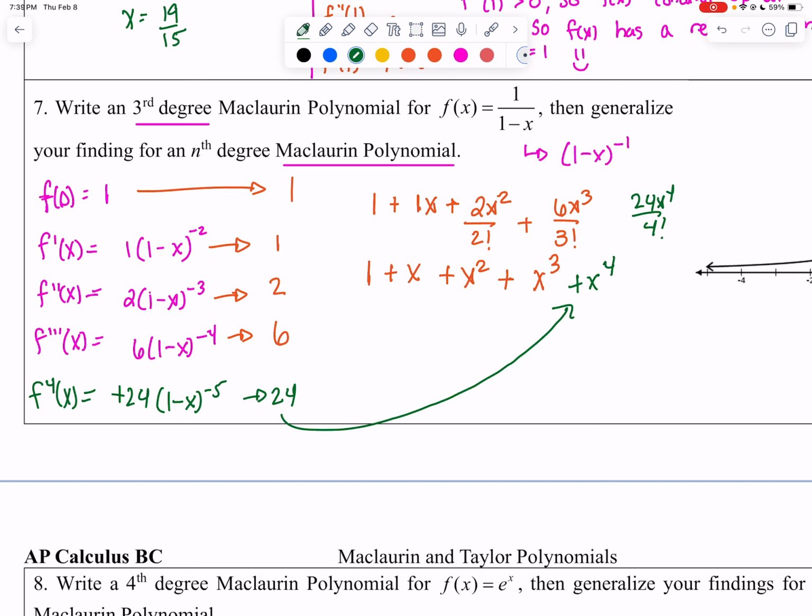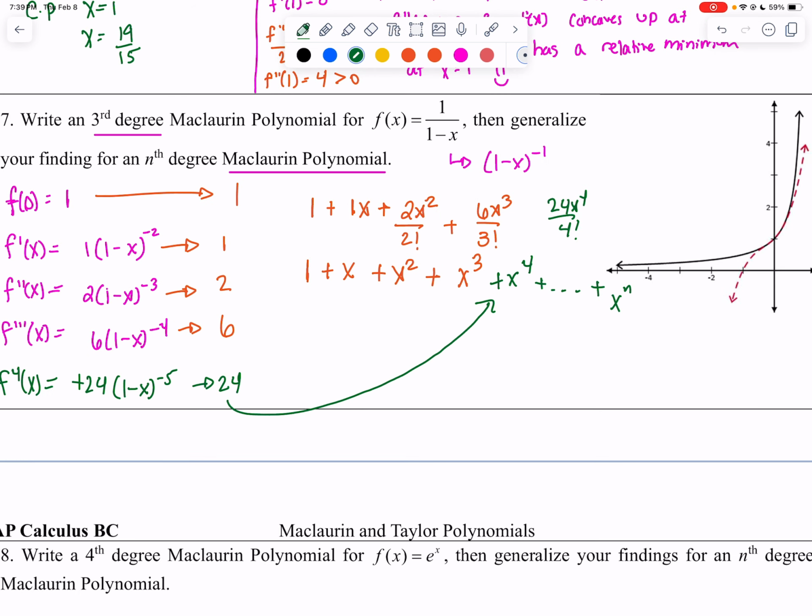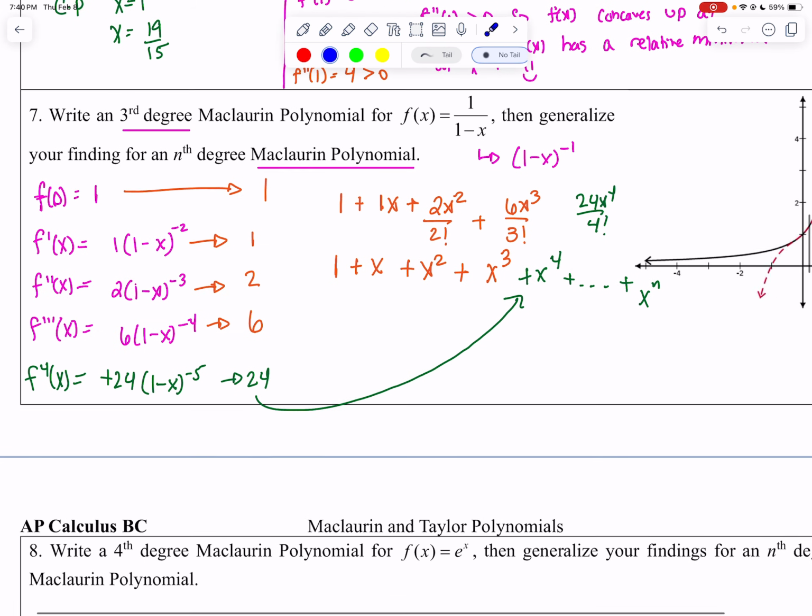If I'm going to generalize this, I have 1 plus x plus x squared plus x to the 3 plus x to the 4, plus x to the n. Interesting, right? I know. Magic. So this Maclaurin polynomial of 1 over 1 minus x, make sure that you memorize that's going to be the same thing as 1 plus x plus x squared plus x to the third plus x to the 4th plus x to the n. So that's going to be one of your special polynomials that you need to memorize.